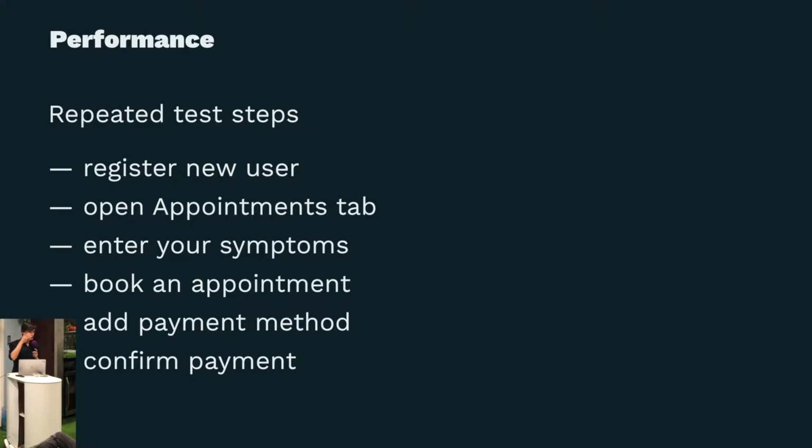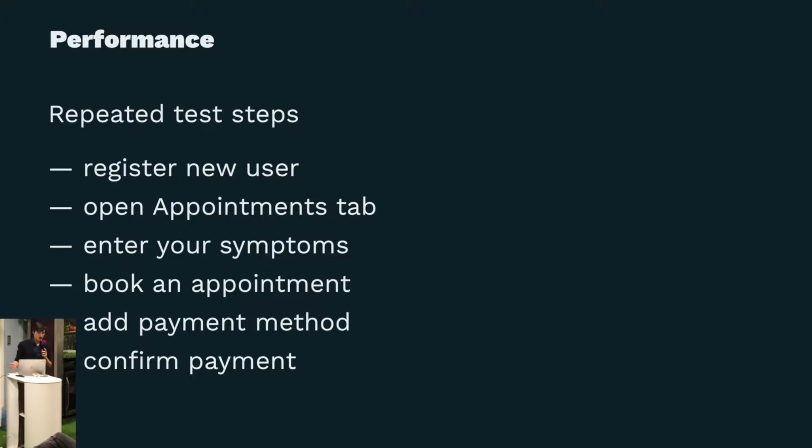For example, each of our automation tests needs to start with a fresh state because we want them to be independent and isolated. So we need to start tests by registering a new user. Then if we test appointments, we go to the appointment tab, then we enter our symptoms. You saw the screen in Anders' presentation. You enter your symptoms, then you tap on book appointment, you add a payment method, which is a very slow operation.